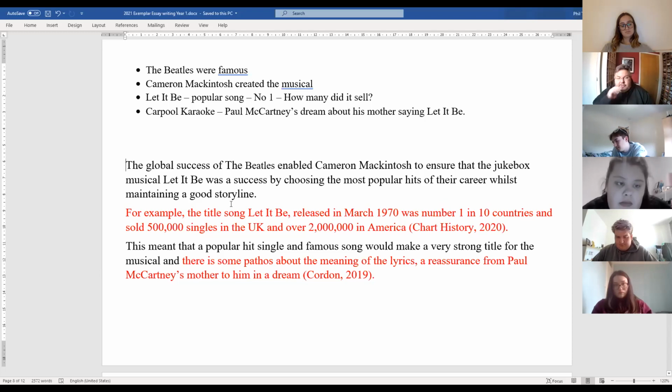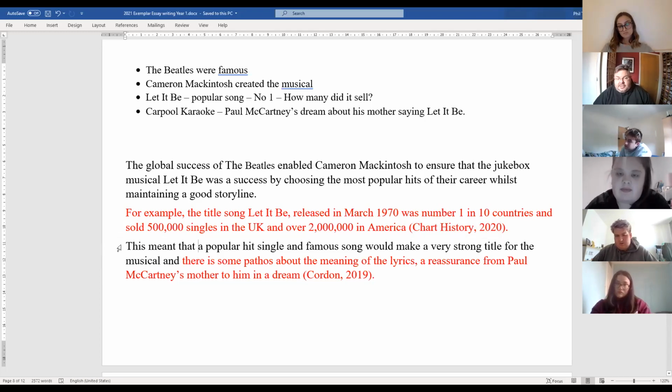Okay, so we've said this was a good choice, and therefore this did this. For example, the title song Let It Be, released in March 1970, was a #1 in 10 countries and sold 500,000 singles in the UK and over 2 million in America. And I got that information from the website called Chart History.